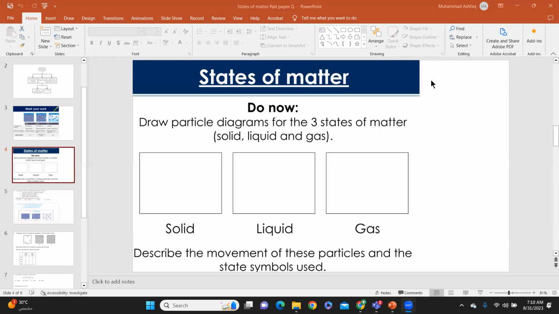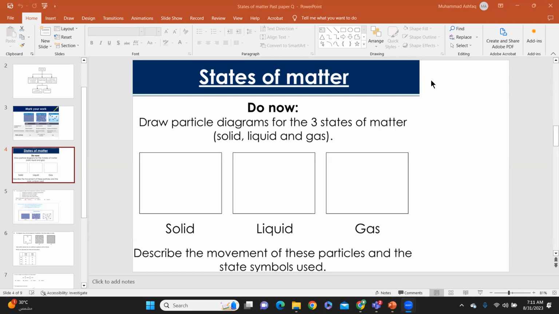First, you need to draw the particle diagram, showing how the particles are arranged. Number two, describe the movement: vibrating, random, quick. And the third thing you need to mention is the state symbols of each state.